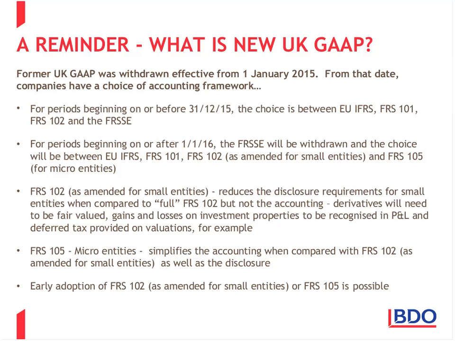But from 1st of January 2016, the FRSSE is completely withdrawn, and now the choice is between FRS 102, with some minor changes for disclosure for small entities, and FRS 105, which micro entities can use.